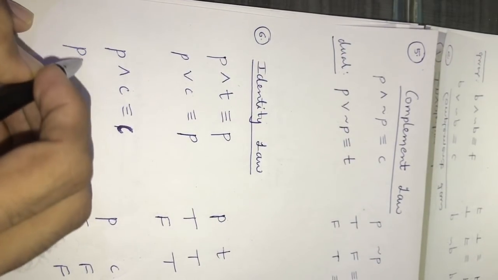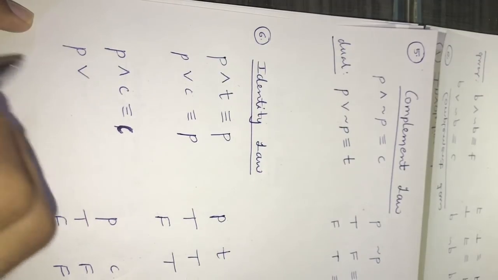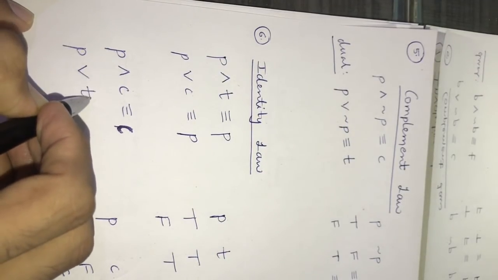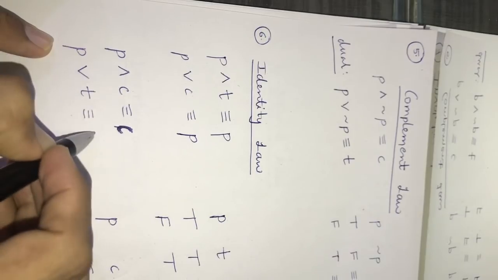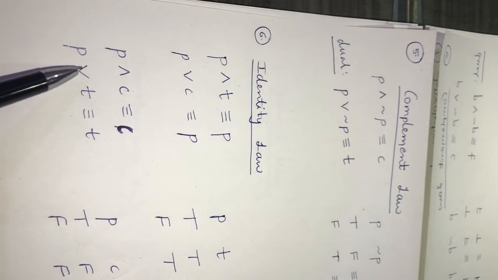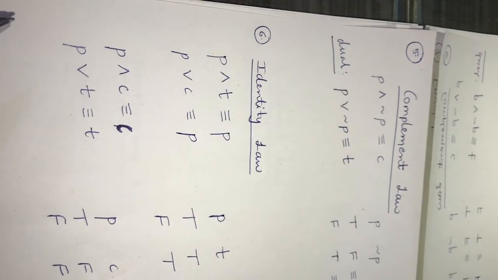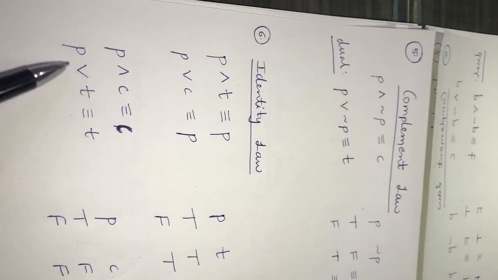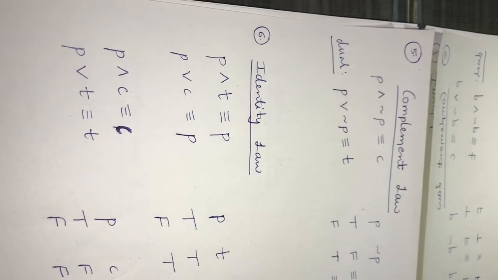And the dual will be, yes, P or tautology is always tautology. That's the dual, right? How the dual works, you know, and becomes or, or becomes and, tautology becomes contradiction, contradiction becomes tautology. True or true is true. False or true will also be true.